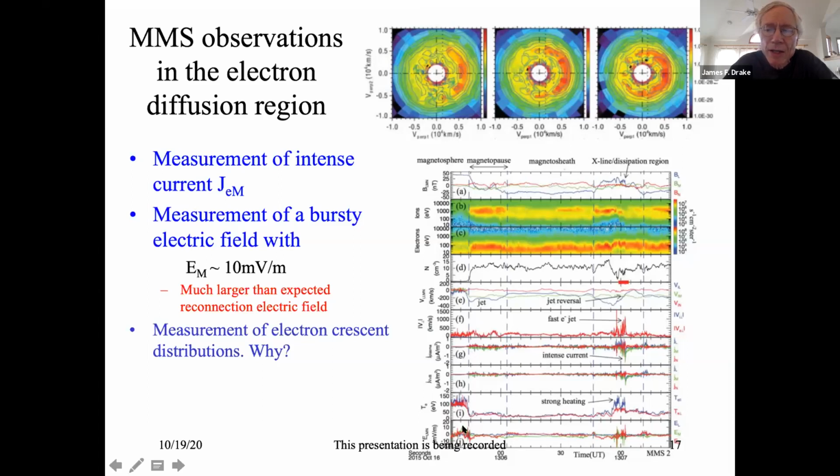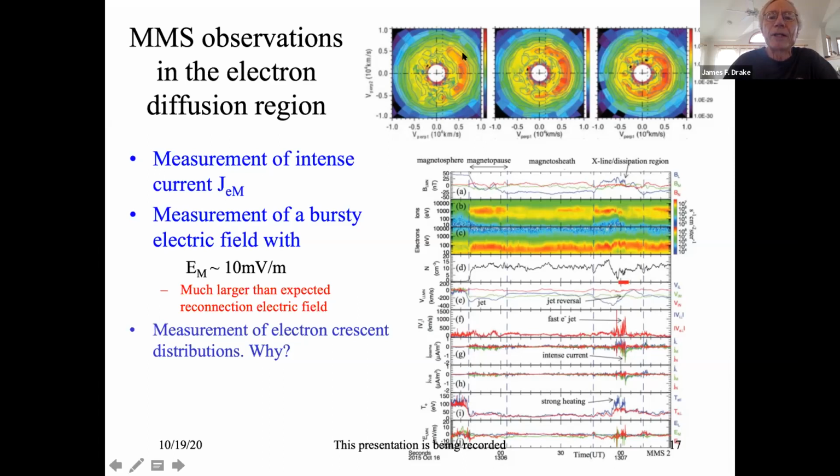And you notice that they're not at 0.2 millivolts per meter. They're more like 10 millivolts per meter, so more than an order of magnitude greater. And the current, of course, is also highly bursty. So these electric fields are much greater than the reconnection electric field. And an important other observation is the so-called crescent distributions of electrons.